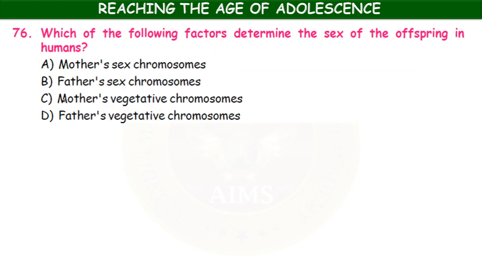Which of the following factors determine the sex of the offspring in humans? Mother's sex chromosomes, father's sex chromosomes, mother's vegetative chromosomes, father's vegetative chromosomes.